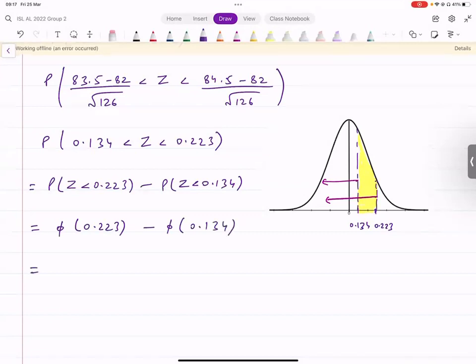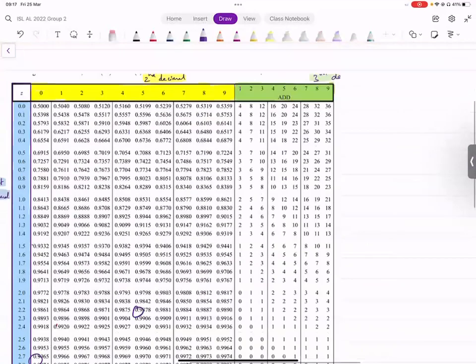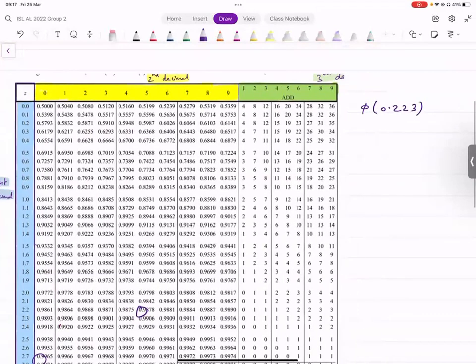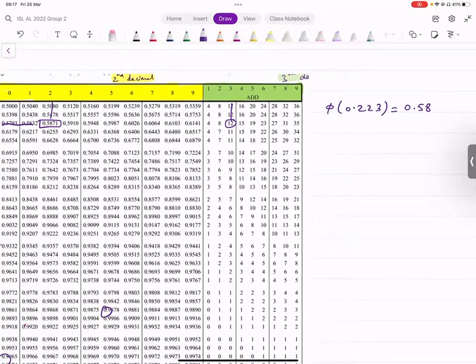ठीक है? 0.223 पे देख लें क्या आता है. Point 2 and then 2. We've got 0.5871. And then 3 पे आपके पास 12 आ रहा है. 0.5871 पे 12 ऐड कर देंगे, 0.5871 plus 12 is 0.5883 आ गया.